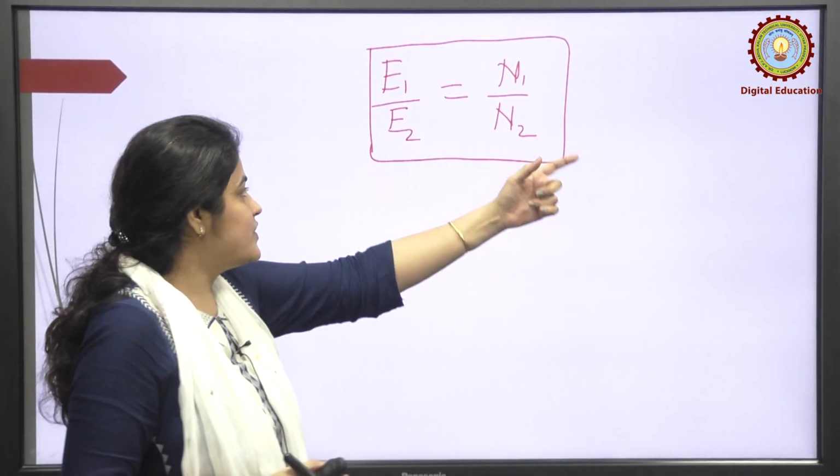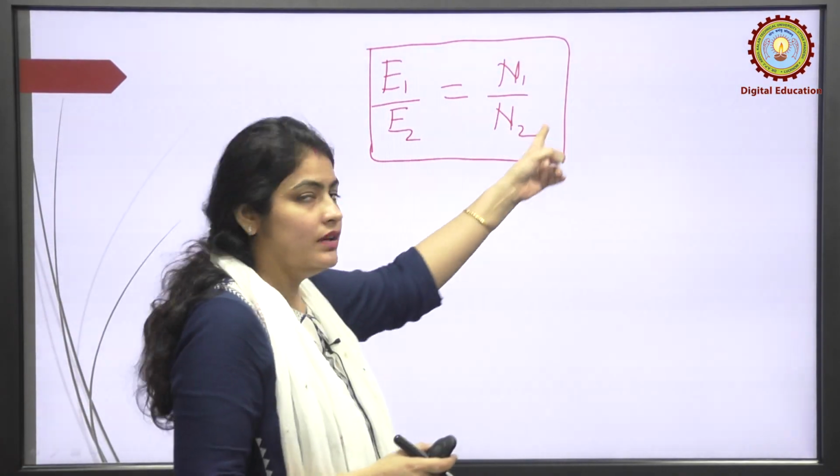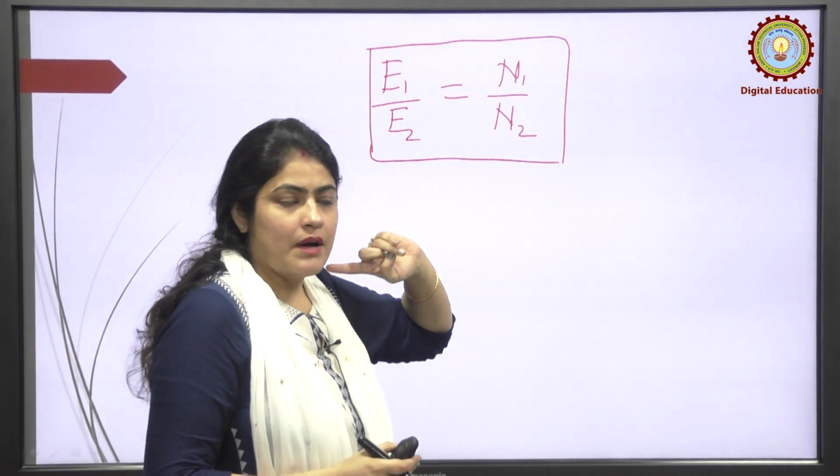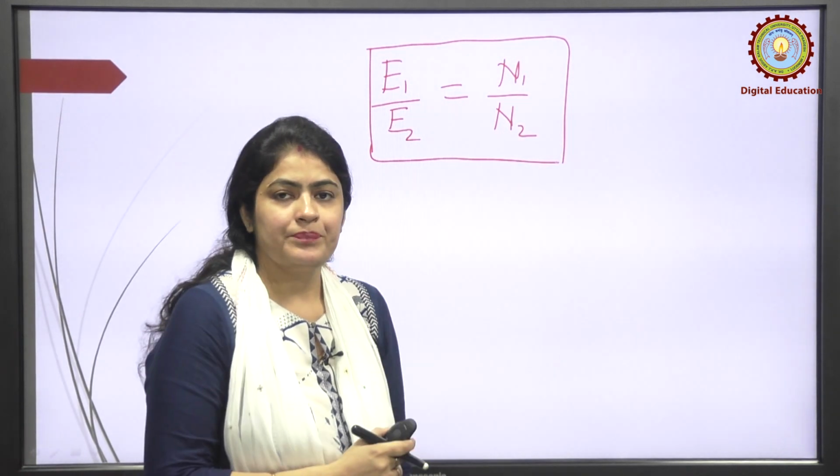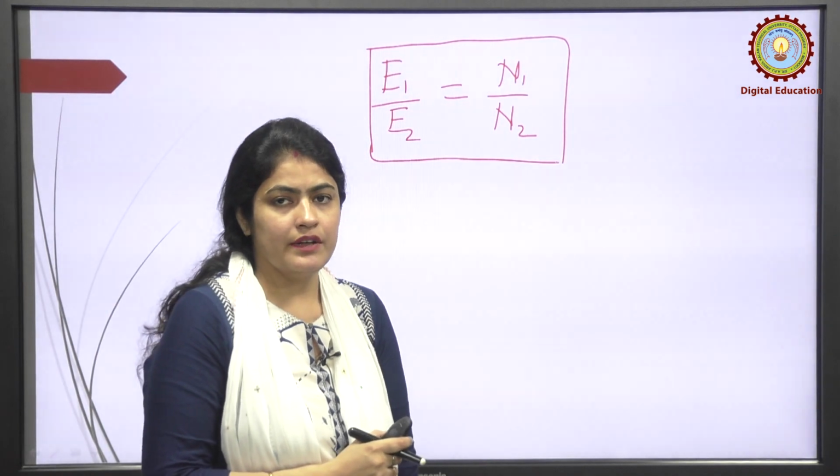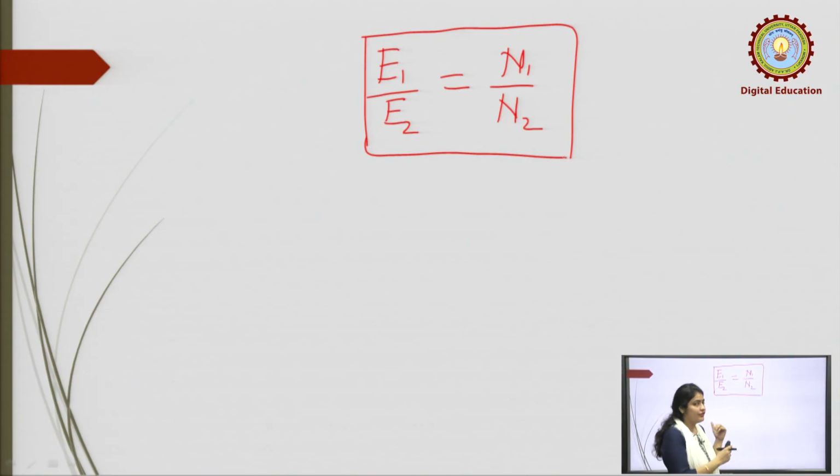So, E2 will be generated according to the number of turns present in the secondary winding. So, according to the number of turns, we can change the level of voltage from primary to secondary. Okay. So, E2 will depend upon the number of turns.